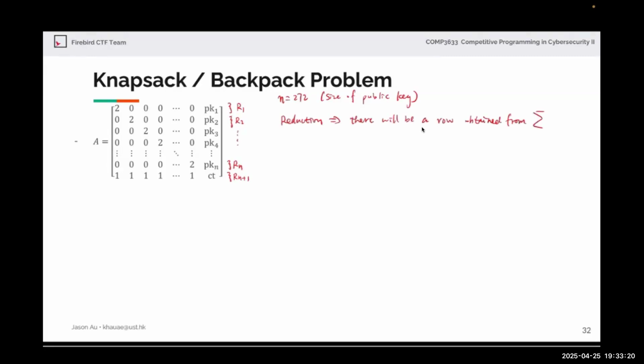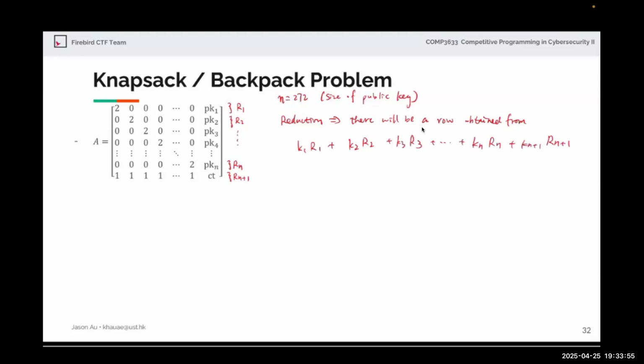For example, I use K1 times the first row, and then K2 times the second row, and I use K3 times the third row, and all the way to the last one, I use Kn times row n, and then I use Kn plus 1 times row number n plus 1.